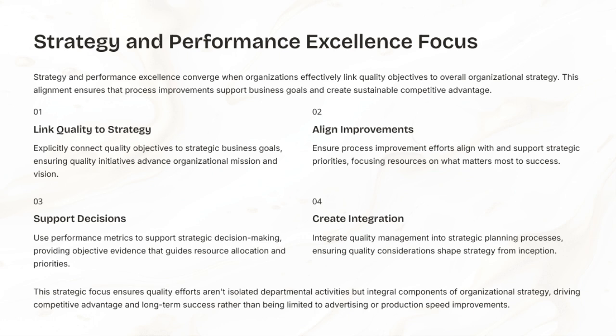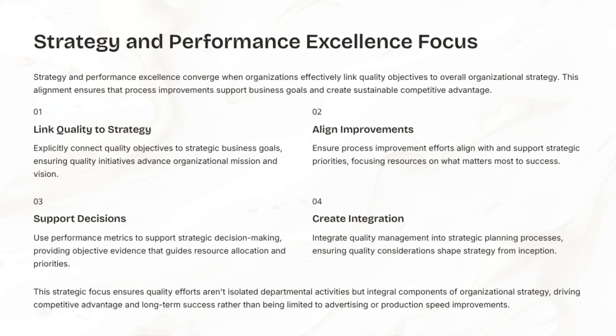It means aligning our quality objectives directly with our strategic goals, ensuring they work hand in hand to support the organization's mission and vision. Using performance metrics is also critical. These metrics provide us with objective, data-driven evidence that helps support strategic decision-making. They guide us in allocating resources effectively and setting priorities that truly matter for our success.